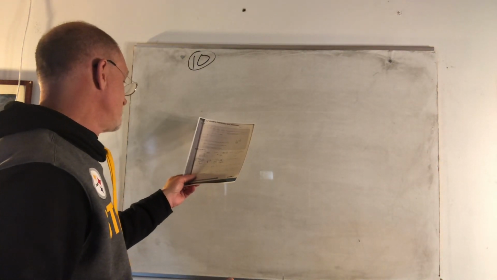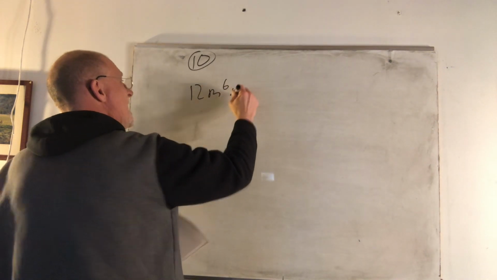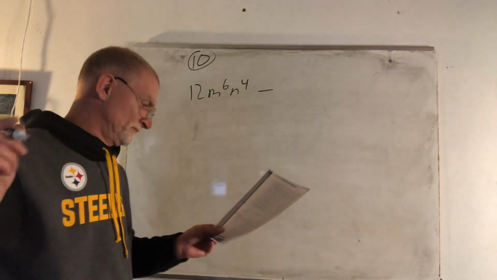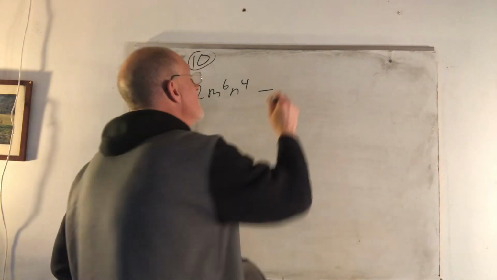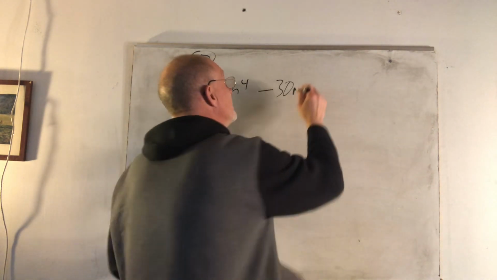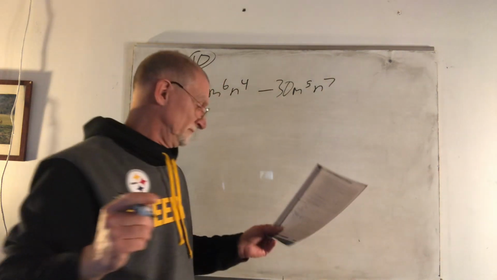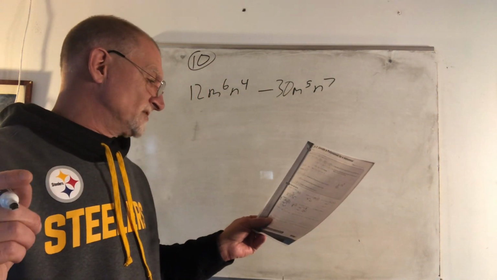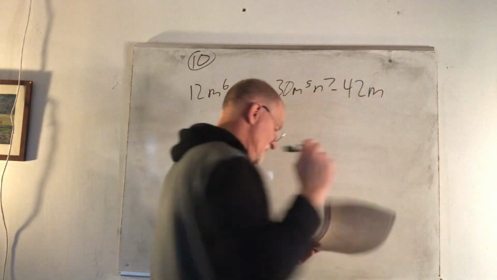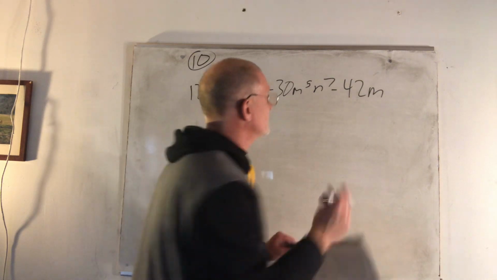So we have 12m to the 6th n to the 4th minus 30m to the 5th n to the 7th, then minus again 42m to the 4th n to the 6th.